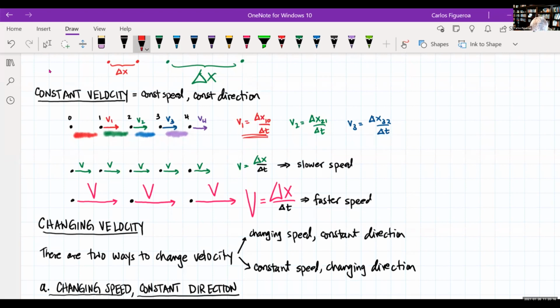So when I look at the velocity at 2, you could see here, because it's green, it's the space before point 2, between 2 and 1, and then et cetera, et cetera. So the motion, that is the speed or velocity, is determined by the interval before the point.